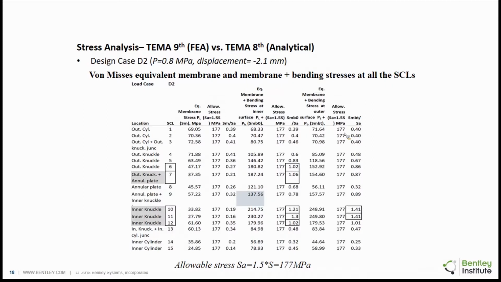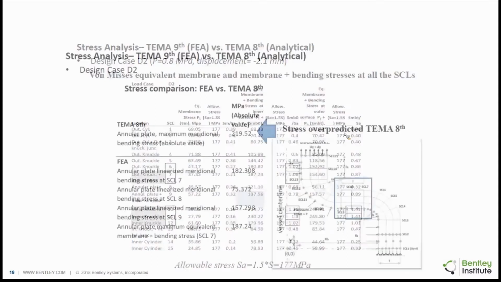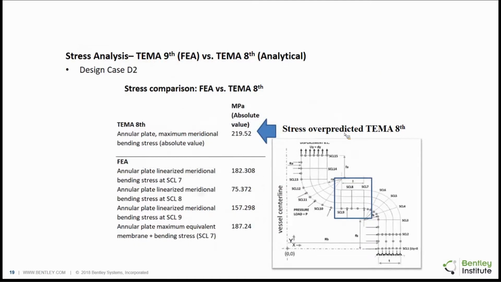So you see the values within the box that show the ratio of the equivalent membrane plus bending stress over the allowable stress. So it clearly exceeds the allowable stress values. So if now we compare it with the TEMA 8th, it doesn't linearize the stress obviously, but what it gives is the annular plate maximum meridional bending stress value, which is 219 megapascal.